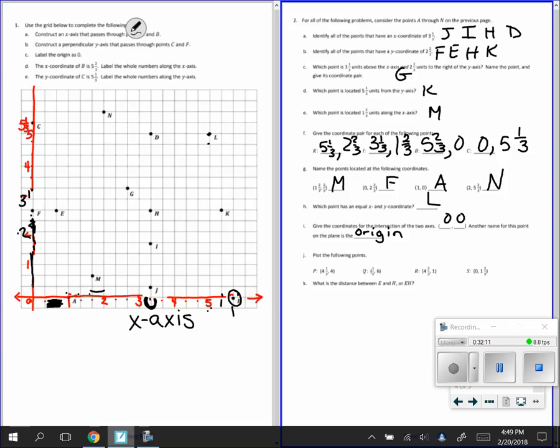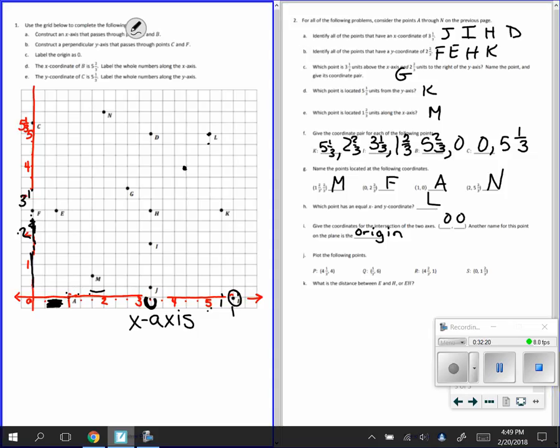You should have done 4 and 1/3 and 4 should be right here, and you should label that P. That is 1/3 and 6.